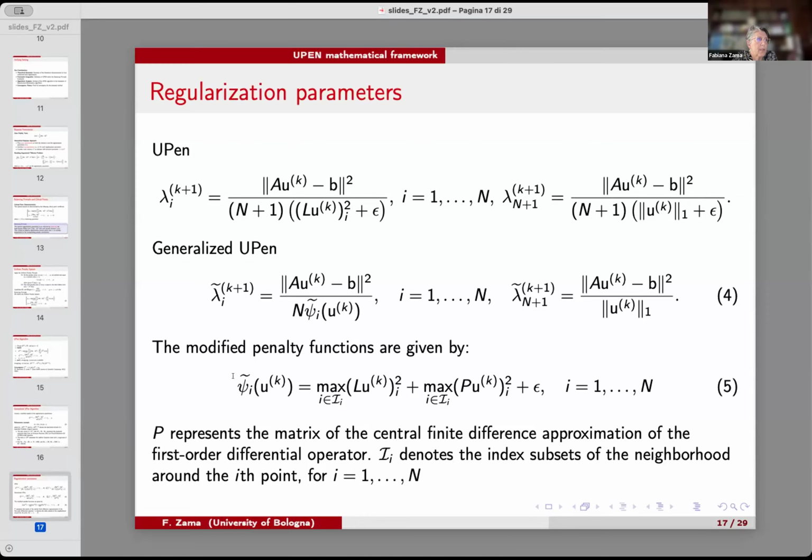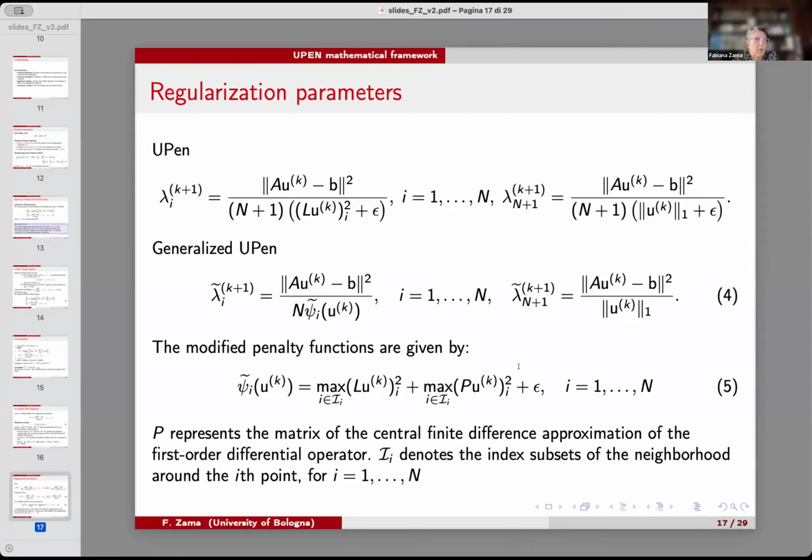For example, this is the classical modification. We add the information coming from the second derivative and the first derivative, filtered into a neighborhood of each point. It makes sense in one dimension, but especially in two dimensions. This is the key point to obtain a good behavior of the regularization parameter.